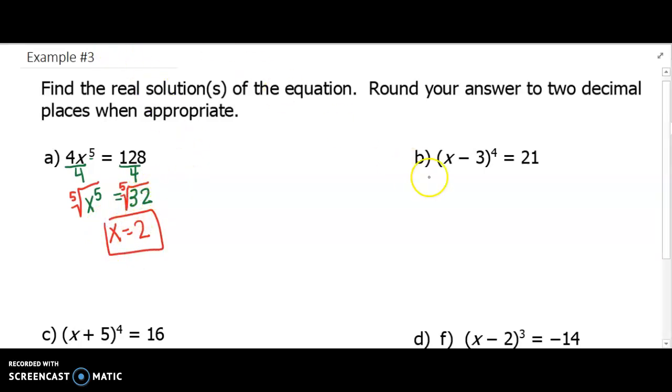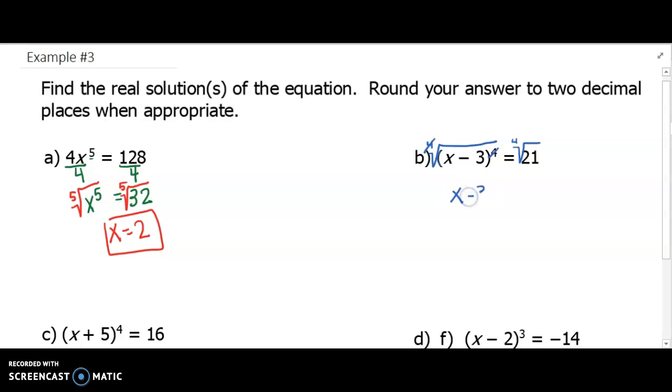All right, so let's look at b here. Now, b is different from a because in b, we have parentheses with a 4 around it. So this x minus 3 is all to the 4th power. Do not work this out, you'll be making your life miserable. What we want to do is just take the 4th root of everything. So the 4th root and the power of 4 go away.